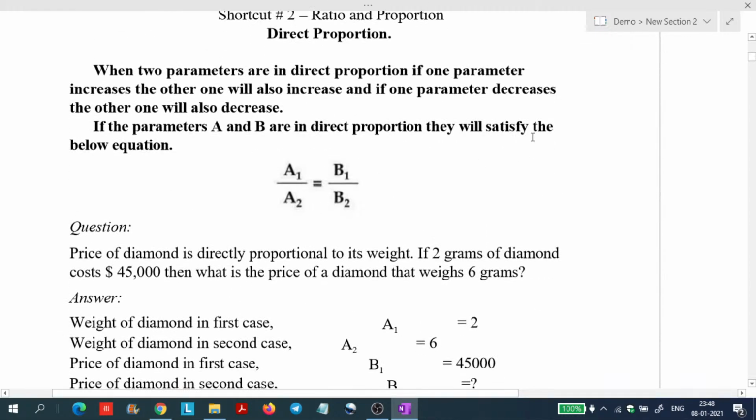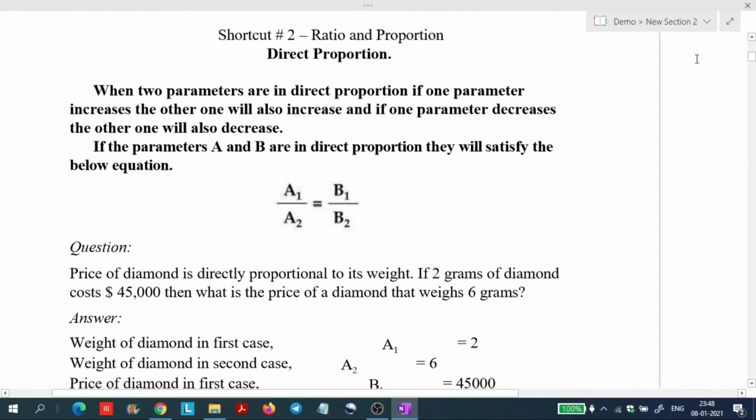Next, for ratio and proportion, when two parameters are in direct proportion, if one parameter increases, the other one will also increase, and if one parameter decreases, the other one will also decrease.